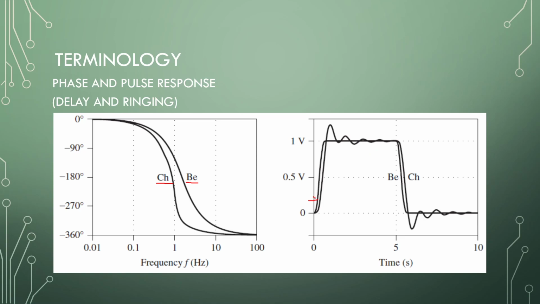Another thing you can see is that the Bessel has a very short time delay, and the Chebyshev has a very long time delay passing through the filter.